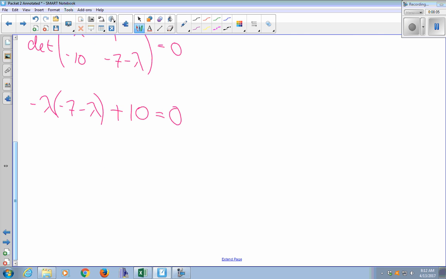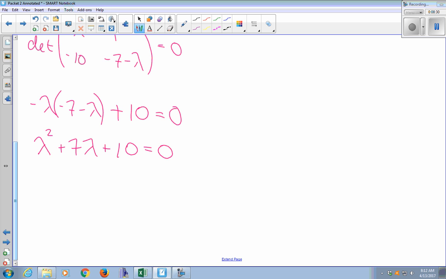Just going to multiply this all out. So I get lambda squared plus 7 lambda plus 10 equals 0. Does that equation look familiar? Yeah, we solved it in method 1, except instead of lambdas, we used s's. It was s squared plus 7s plus 10. So that's not a coincidence, right?